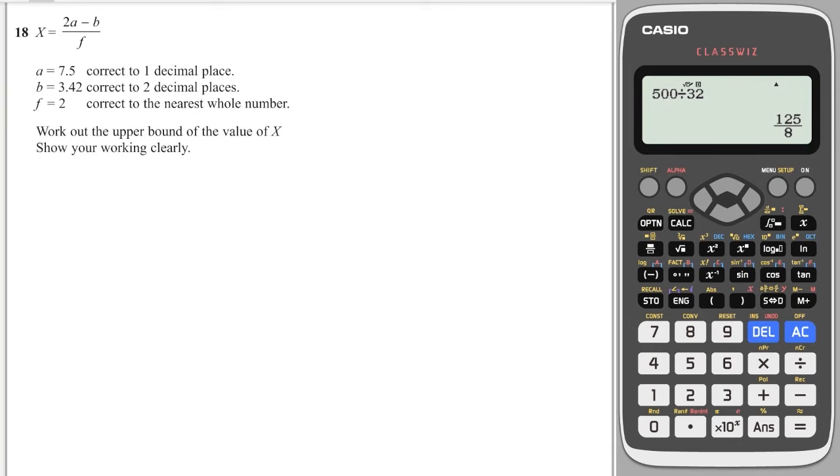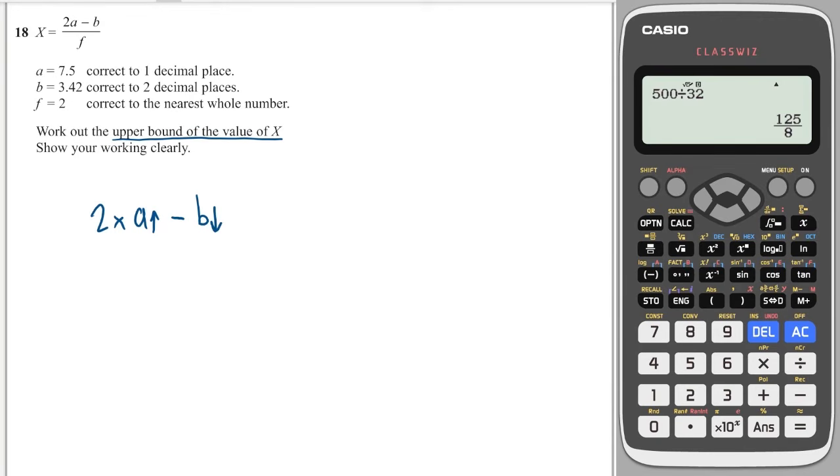Okay, we have x, we want to work out the upper bound of x. So I'm going to have 2 multiplied by a. Now if I want x to be the upper bound, I want a to also be the upper bound. But then I'm going to take away b, and if I want x to be as big as possible, I need b to be as small as possible.